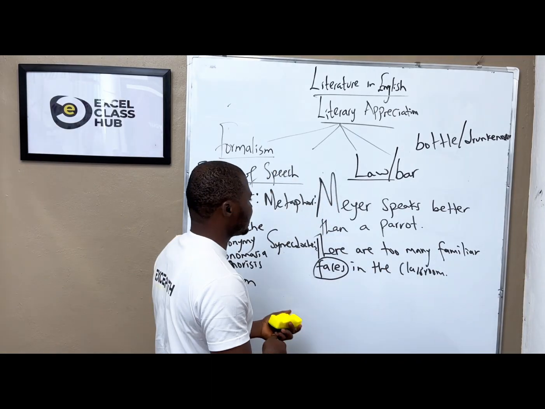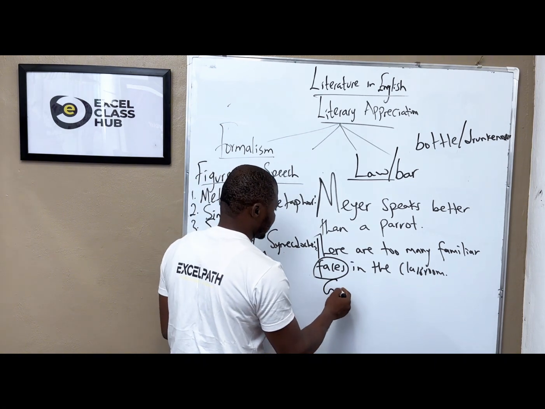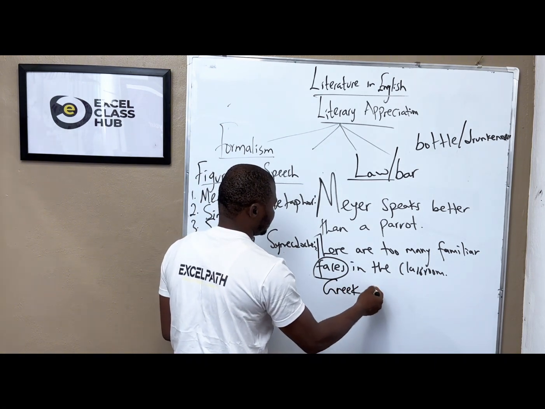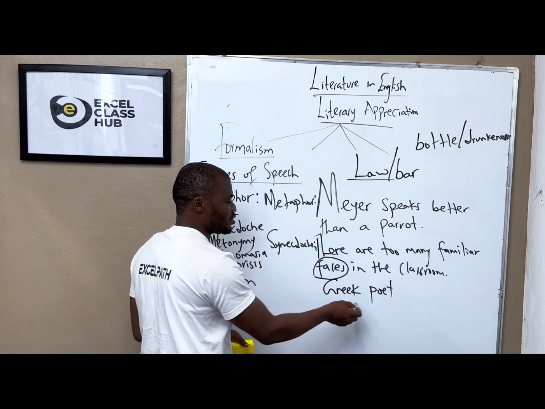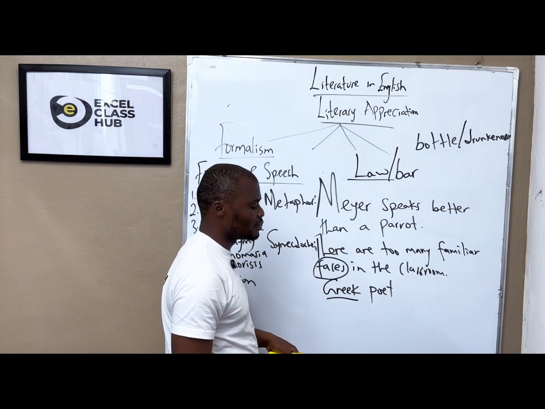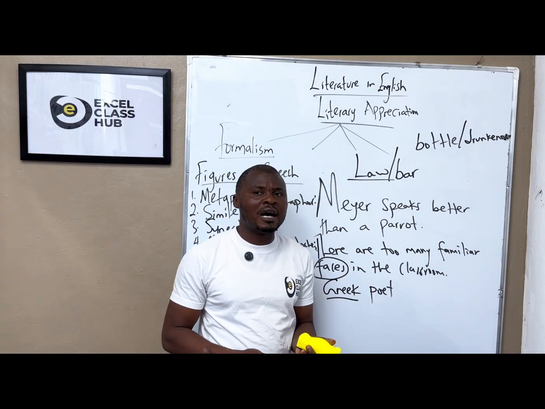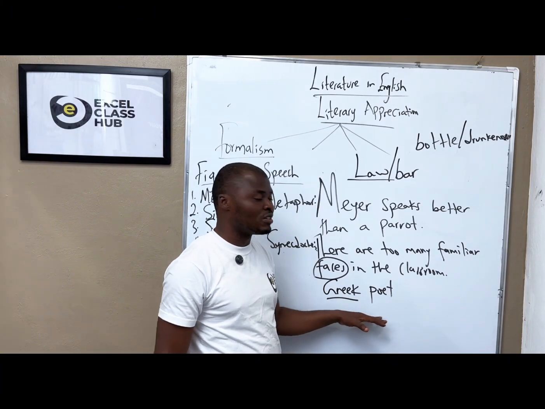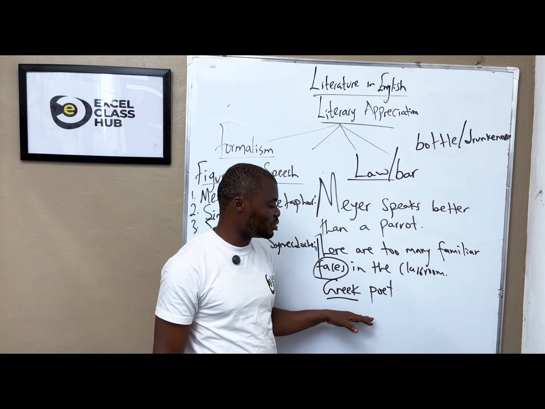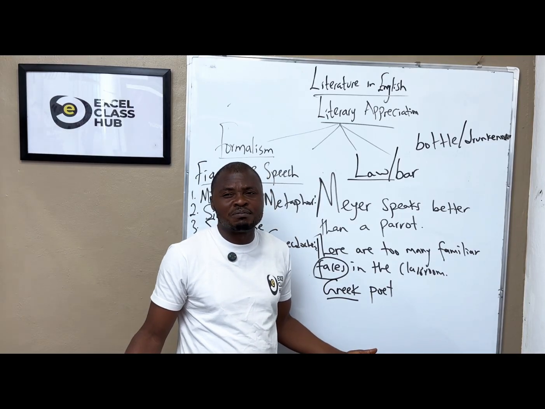For example, if I say a Greek poet, I've mentioned what name here? This Greek, right? If you think this expression is an allusion just because I mentioned the name, then you are wrong.